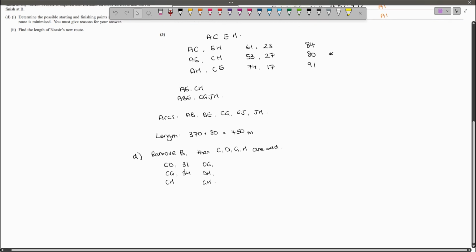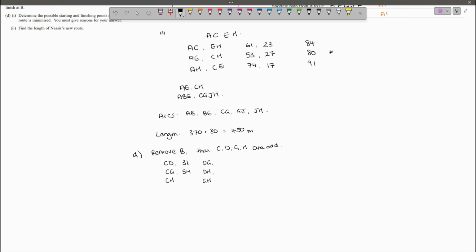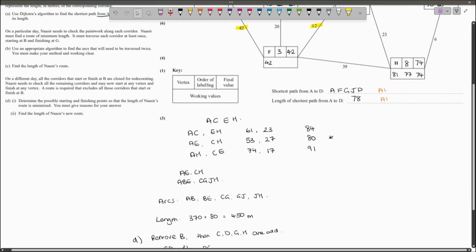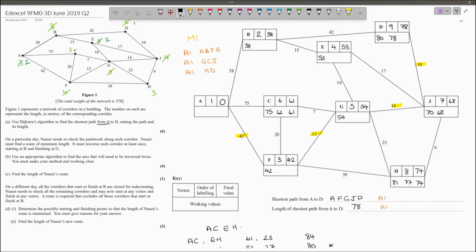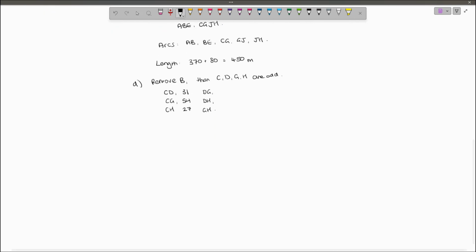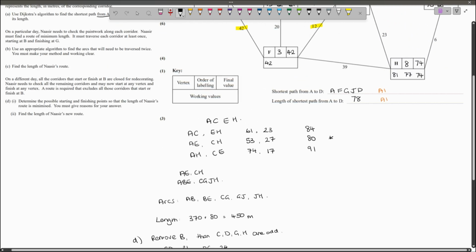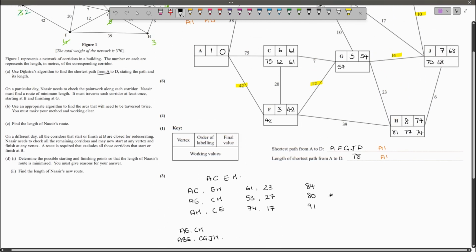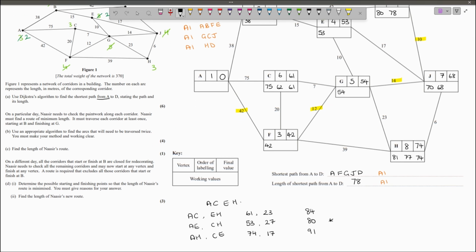C to H, we actually found before, was 27. And then we've got DG. DG has a distance of 24. So DG is better and is currently the best. DH has a distance of 16, 10 plus 6.